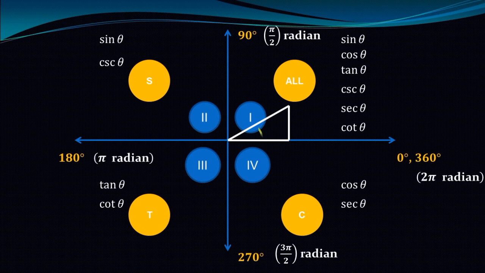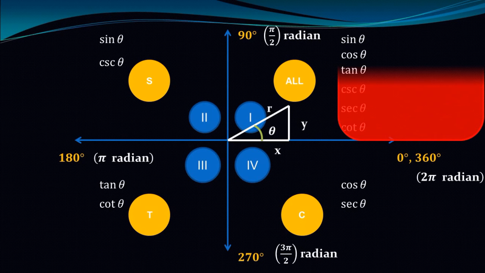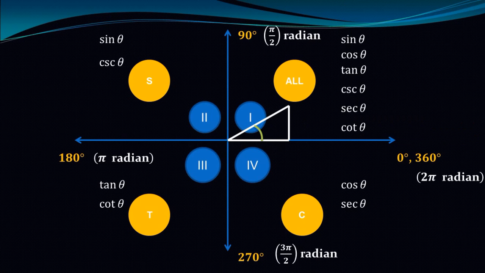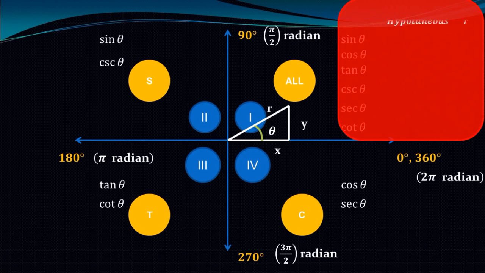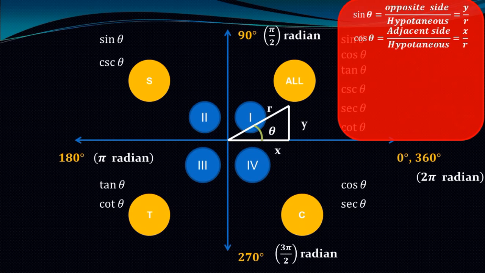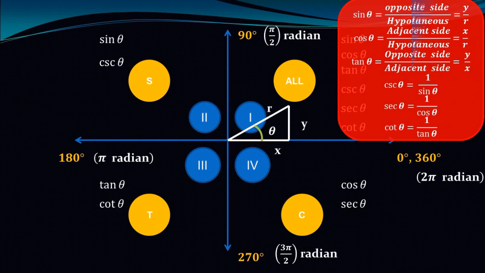Now suppose we consider the right angle triangle in the first quadrant, and so this is x, y and r.